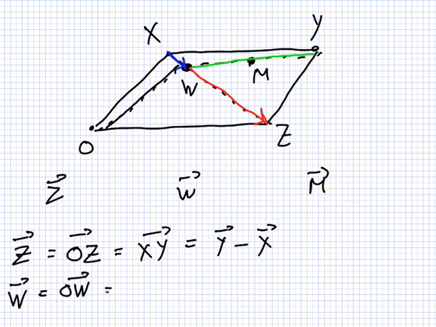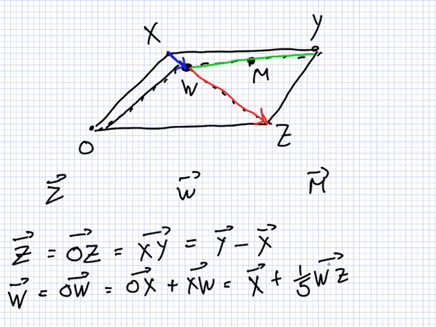So we'll just go with OX plus XW. But then you need to remember, I think I told you that the WZ is 5 times bigger than the XW, is that right? OX is x, and then XW would be how much of WZ? Well, it'd be a fifth, yeah, of WZ.